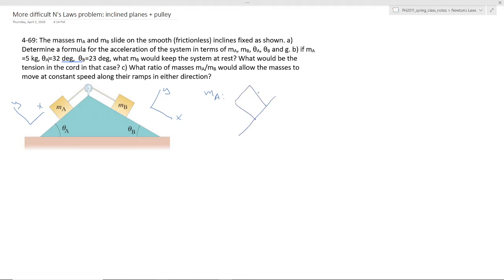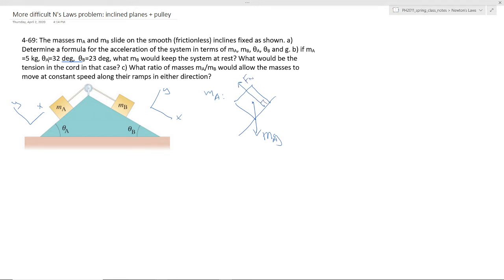For MA, what do we have? We're going to have the force of gravity pointing down. We're going to have the normal force pointing perpendicular to the surface.